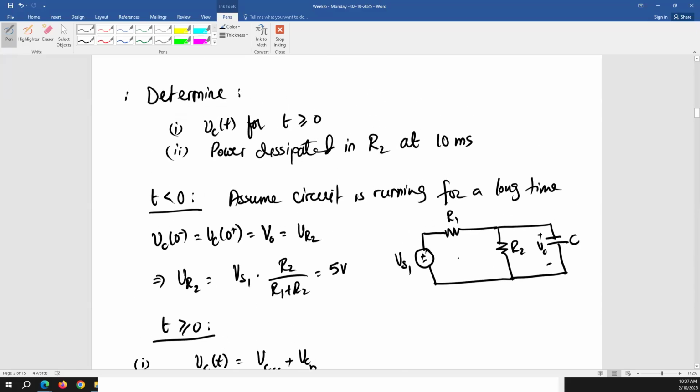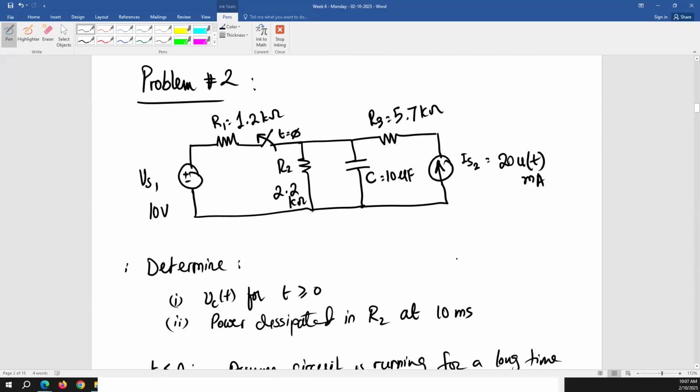All right, how is the circuit going to look after t is equal to 0? If I have to redraw the circuit, how is it going to look after t is equal to 0? Yes, Natasha.